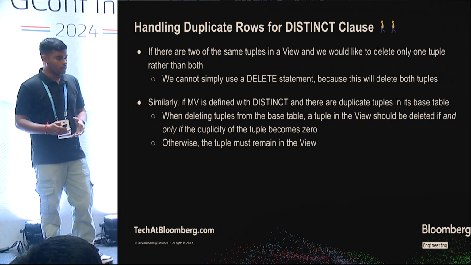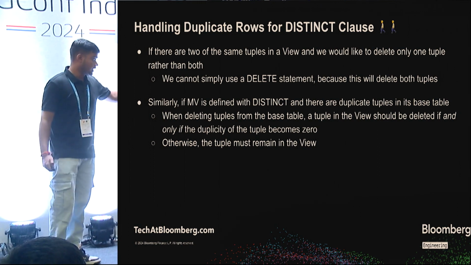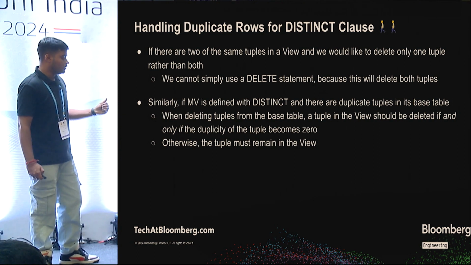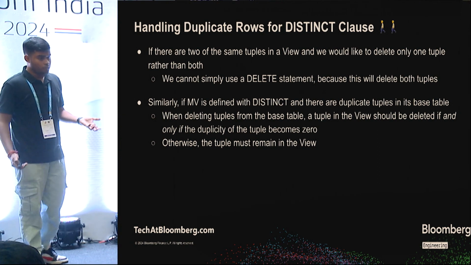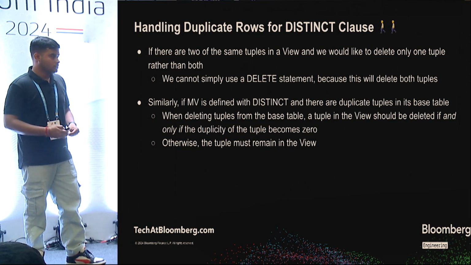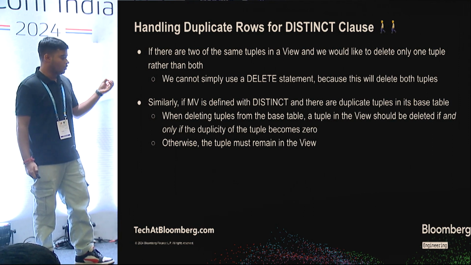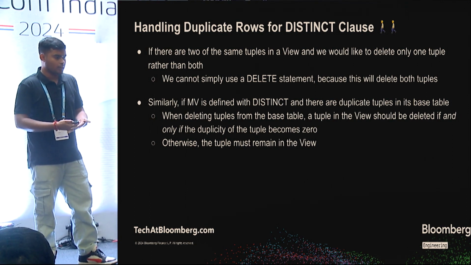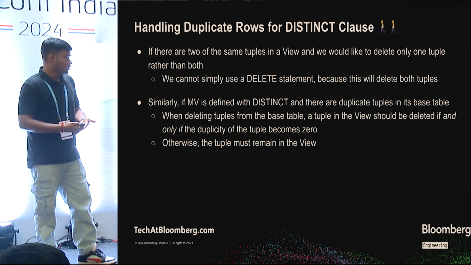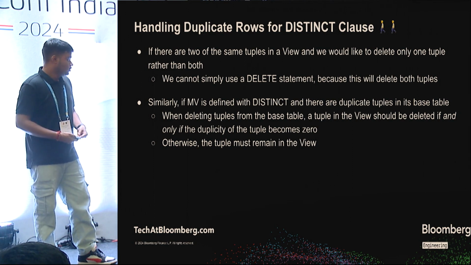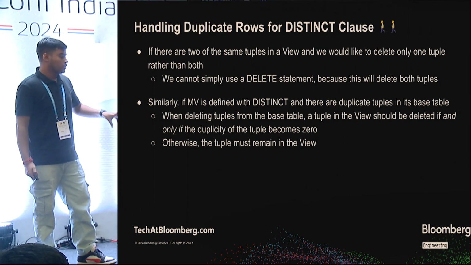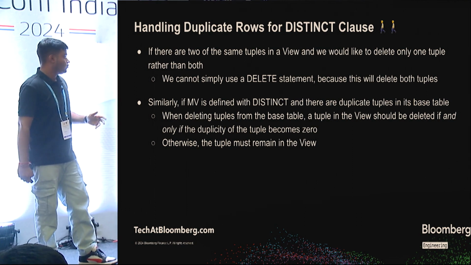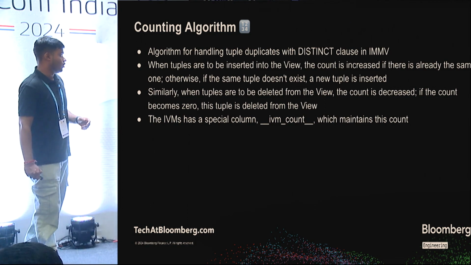If we take the second example provided in the slide, if we are deleting tuples from the base table and they were duplicates and our view had the distinct clause, we can't just delete the row from our view, because there may be rows that are left with the same data that were not affected during the update operation. So we have to maintain a sort of count, and only when the count turns to 0 do we update our view. For this, PGIVM uses the counting algorithm.